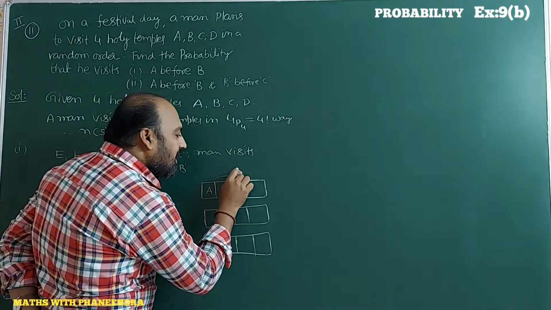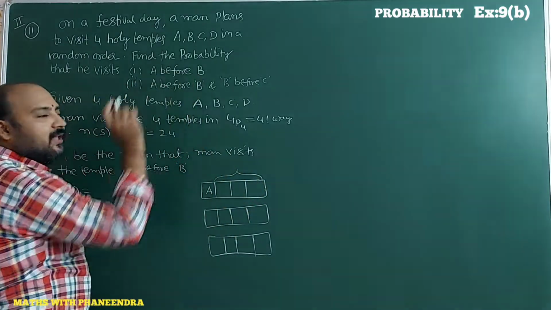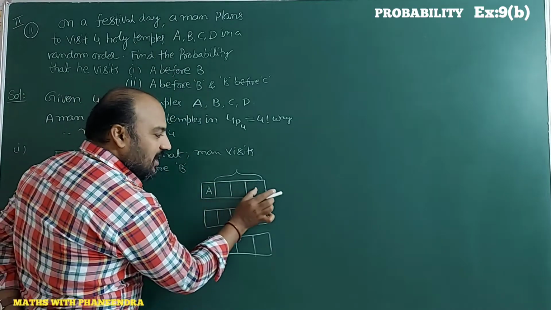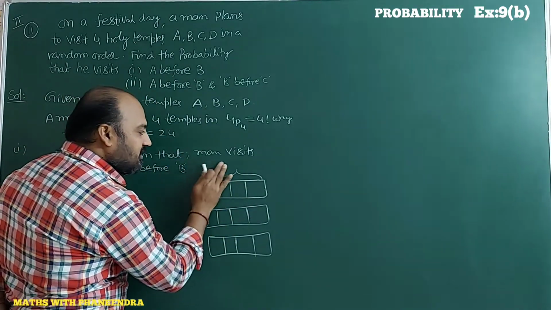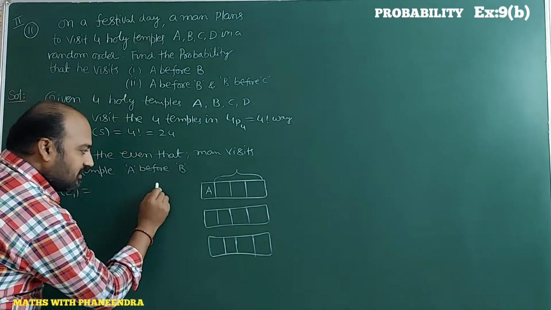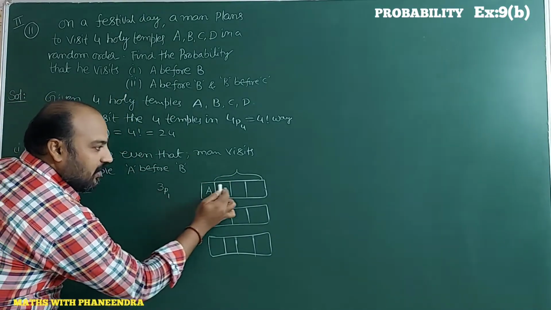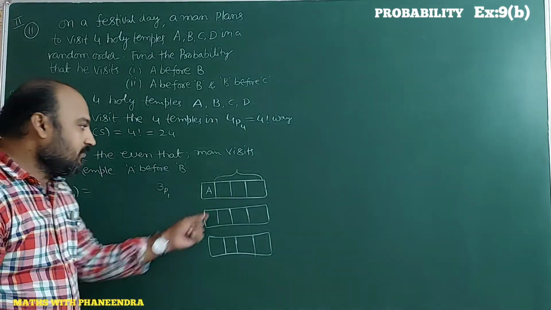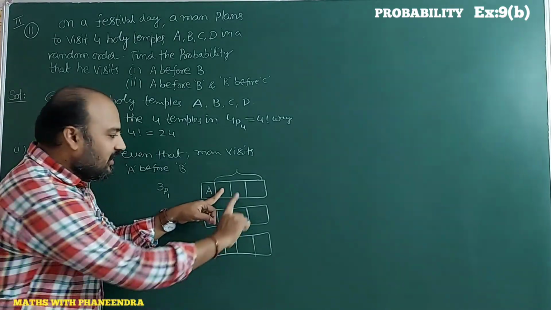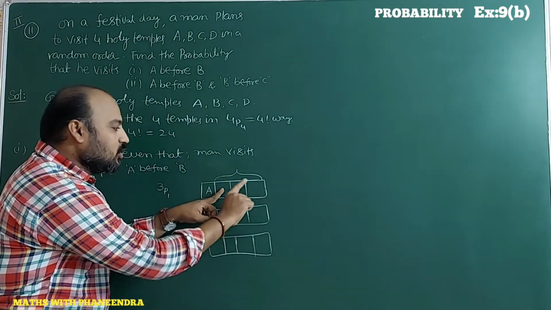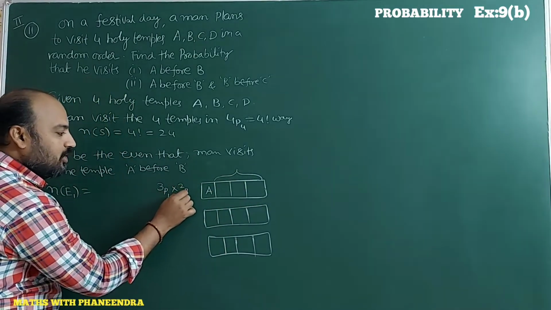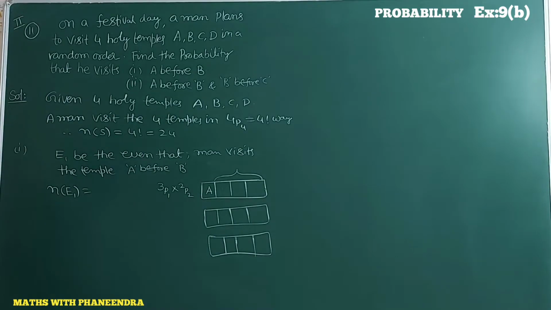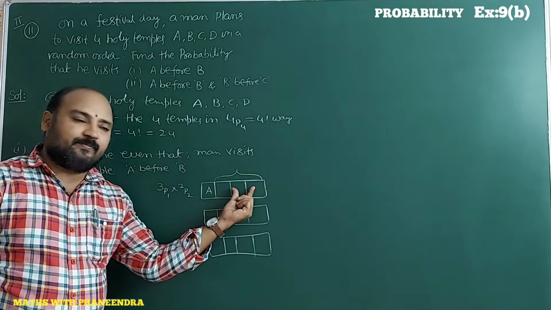So 3 possibilities are there for the temple B. So out of these 3, one place can be accommodated in 3P1 ways. I am writing here the cases. 3P1 among that. Suppose B will be accommodated here, the rest of the 2 are there, no? So here C and D can be accommodated in 2P2 ways, the rest of the C and D.